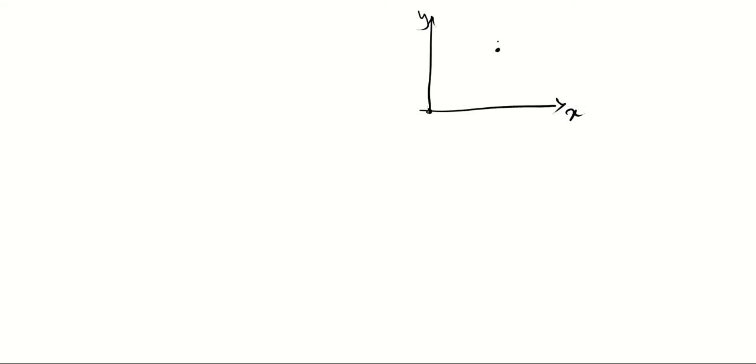So I have the x-axis and y-axis and a point P over here containing two values, A and B. I want to find the distance of P from the origin. As you can see, A is nothing but the distance from the y-axis to the point, and B is nothing but the distance from the x-axis to the point.